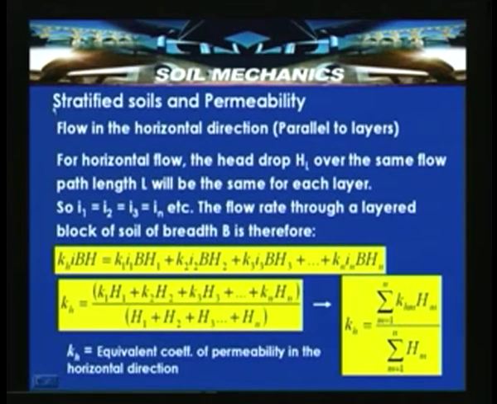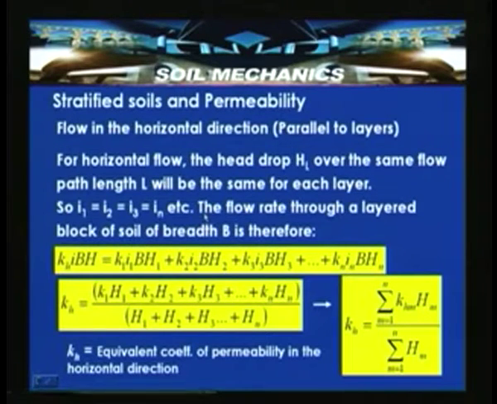That means all layers will have the same head loss, because horizontally, though the layers are stratified, the same head drives the flow from the left side to the right-hand side. Let us look at how the flow in the horizontal direction, parallel to the layers, can be obtained. For horizontal flow, the head drop HL over the same flow path length L will be the same for each layer.